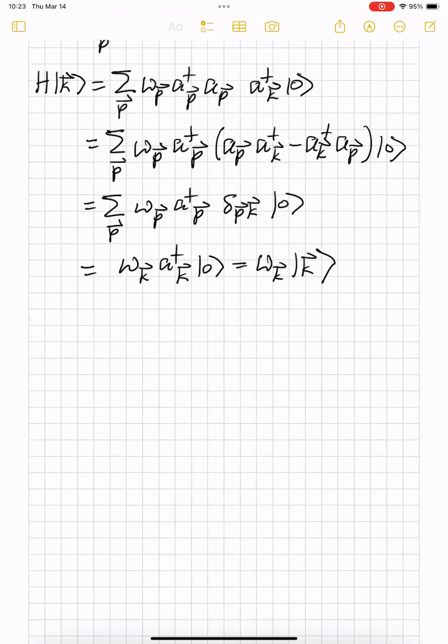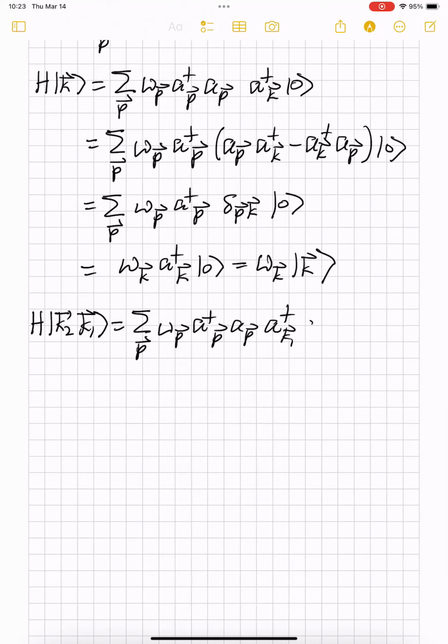Let's take the Hamiltonian and let's evaluate it onto the two particle state. So again, this is going to be a sum over P, omega P, A dagger P, A P, and then I've got A dagger K1, A dagger K2 onto the vacuum. And what do I do? Well, now you should know I'm going to start off by adding a term.